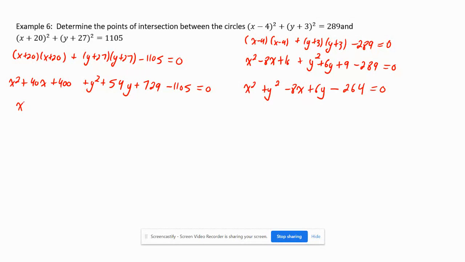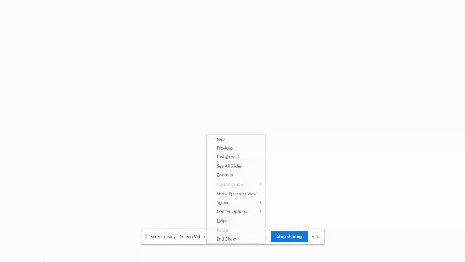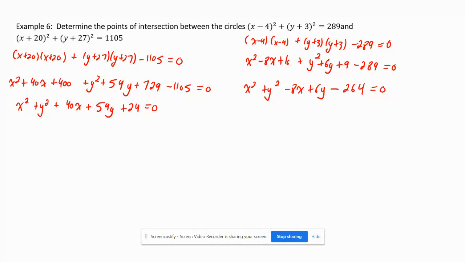And we get x squared plus y squared, 400 plus 729 minus 1105 equals 24. And we get this guy over here. So now I'm just going to stack these two equations over top of each other.